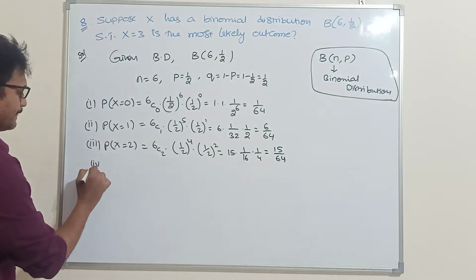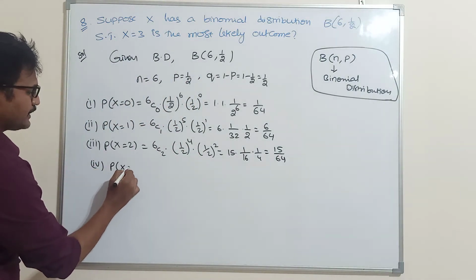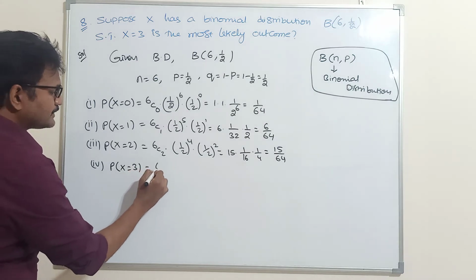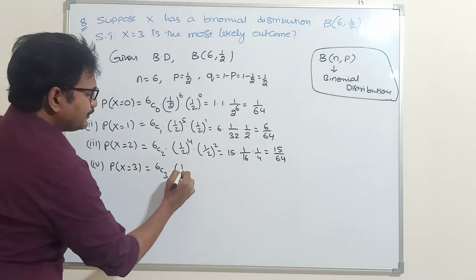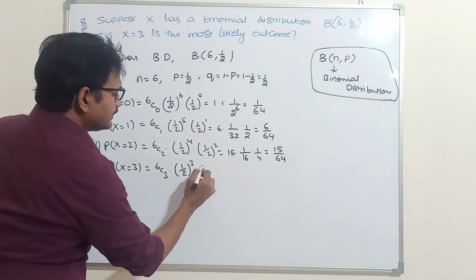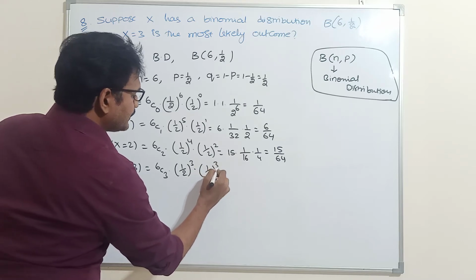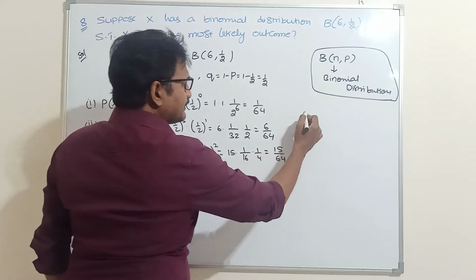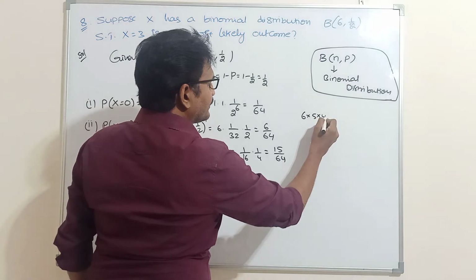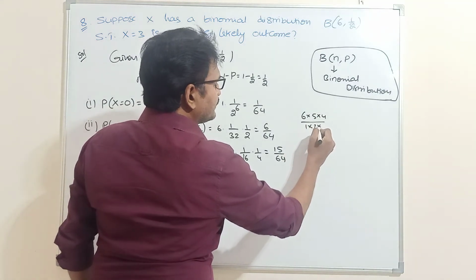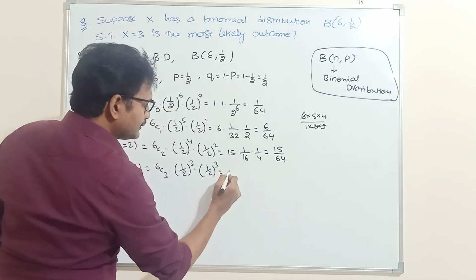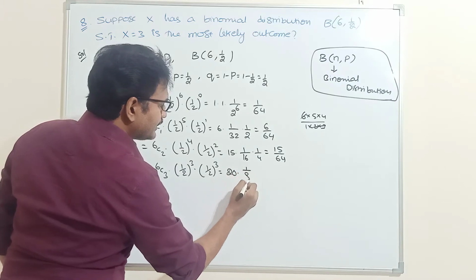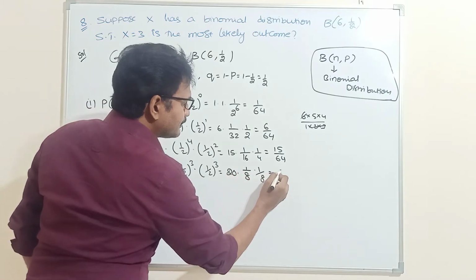Next, fourth one, P(X = 3) = 6C3 (1/2)^3 (1/2)^3. 6C3 value is (6 into 5 into 4)/(1 into 2 into 3) = 20. 20 into 1/8 into 1/8, that means 20/64.